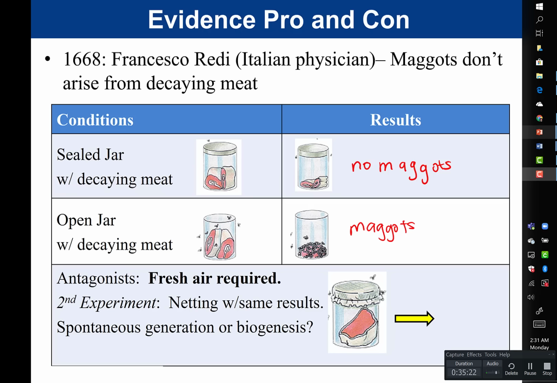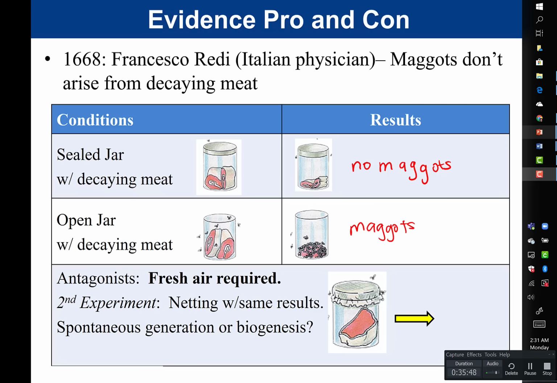Life comes from life. Now, antagonists of this experiment said, well, this experiment's not valid because fresh air is required. So that vital force can't happen without air getting in. They said that the one that was sealed didn't work. They didn't see life because air is required.